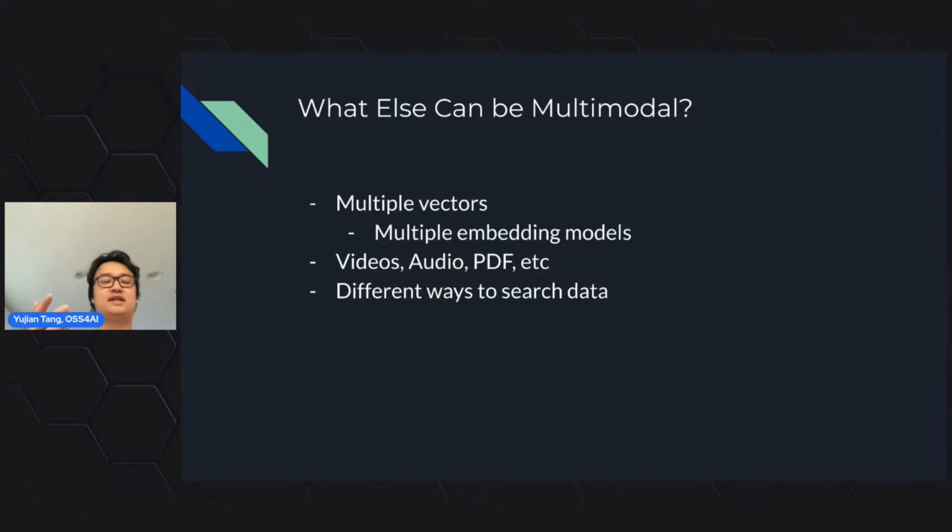If you've worked in natural language processing for a while, you've probably heard the term TF-IDF, which is term frequency inverse document frequency, which is one way to compare text documents. Or you could have embeddings from different embedding models. But multiple vectors is usually used for something like re-ranking.